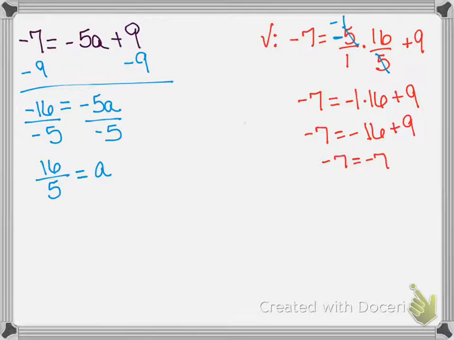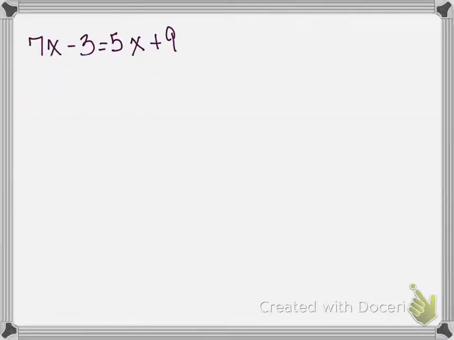Okay. Our next problem here has variables on both sides of the equal sign. What you need to do here is this is where you want to get in the habit of moving your variable to the left.